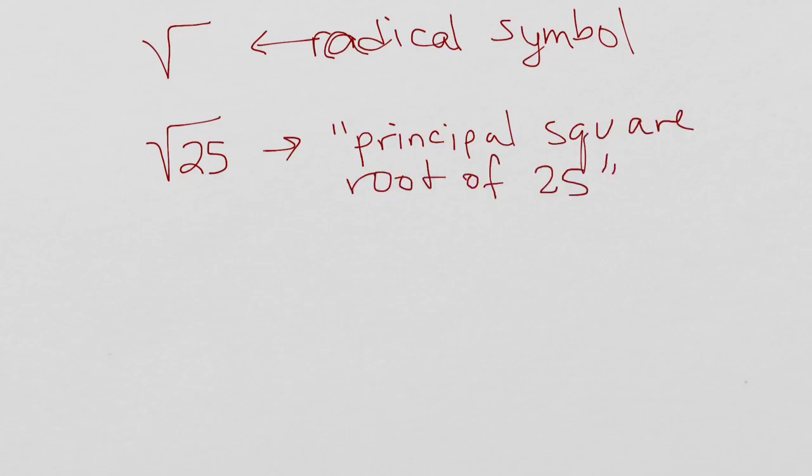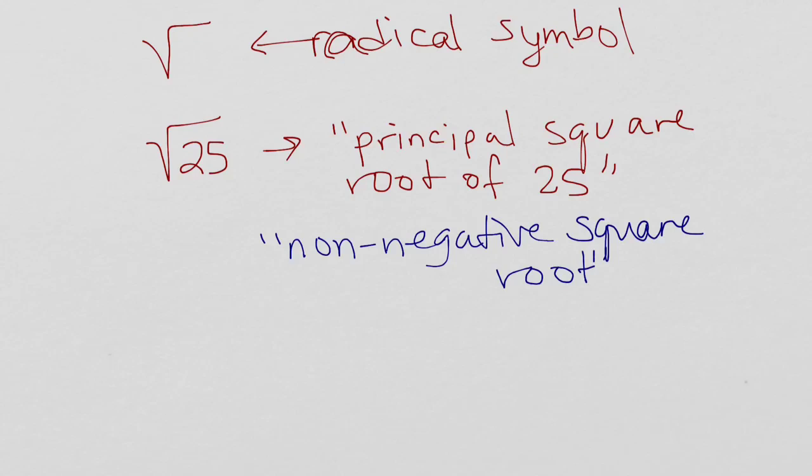And the principal square root of 25 is the non-negative square root. So if I ask you, find the square root, let's say, of 36, you're going to tell me that's 6.